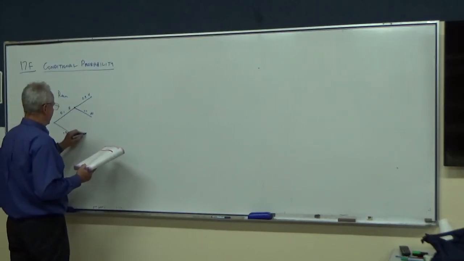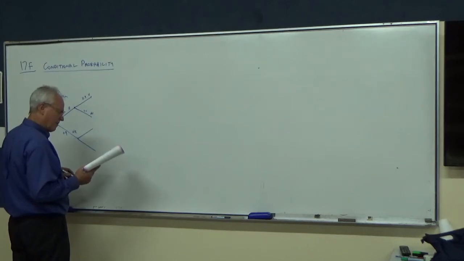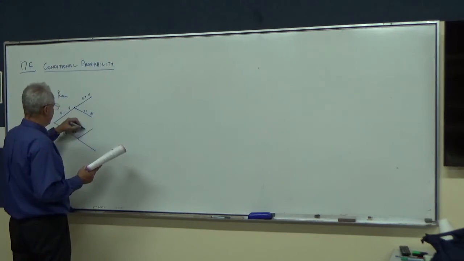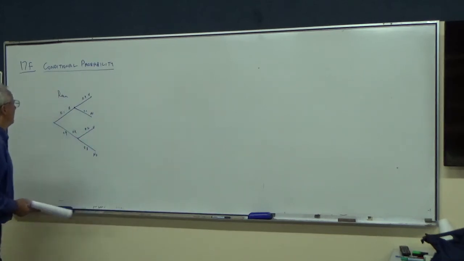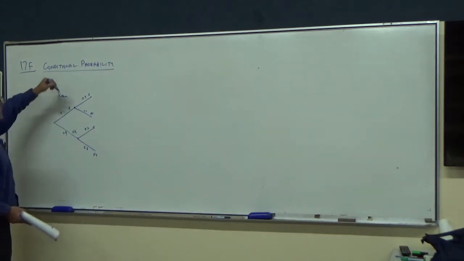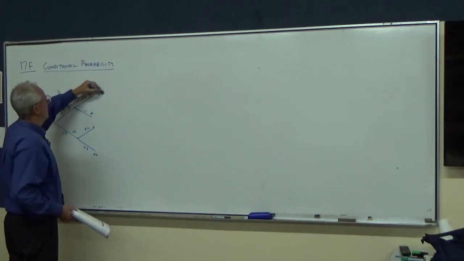If it's not raining, then the probability that I take my umbrella is only 1/5. I'm going to call that 0.2 and 0.8, for umbrella and no umbrella. So the probability that it rains and I take my umbrella is 0.1 times 0.9, which is 0.09.